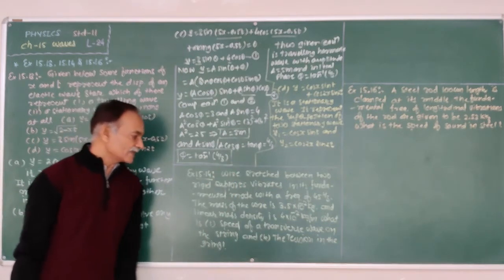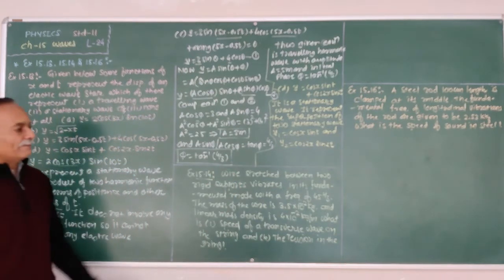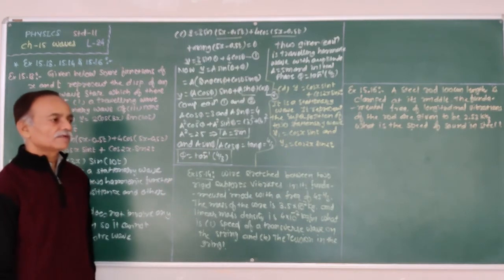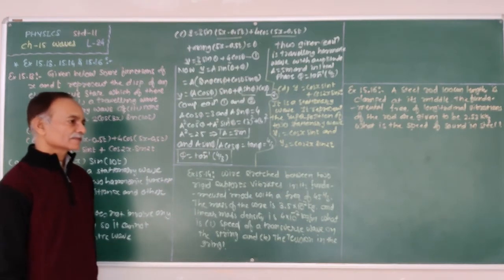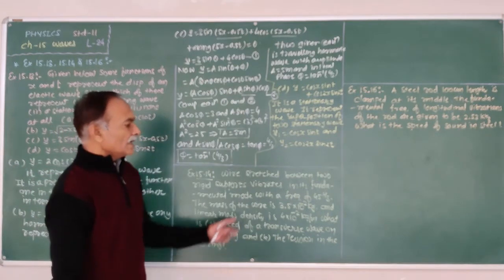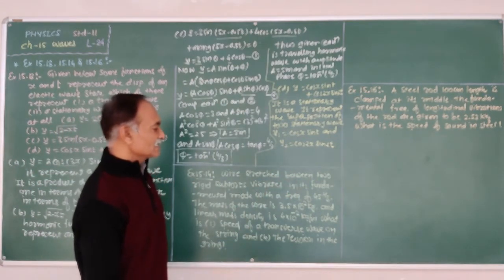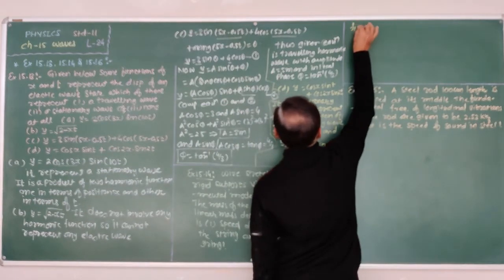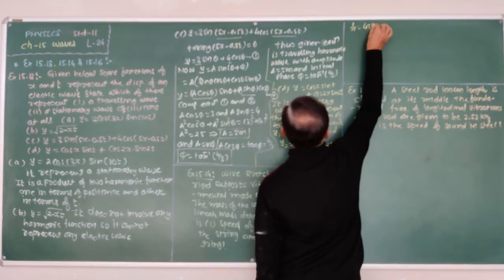Now next, 14. A wire stretched between two rigid supports vibrates in its fundamental mode with a frequency of 45 Hz. Here the fundamental frequency is given as 45 Hz. Therefore F1 is equal to 45 Hz.